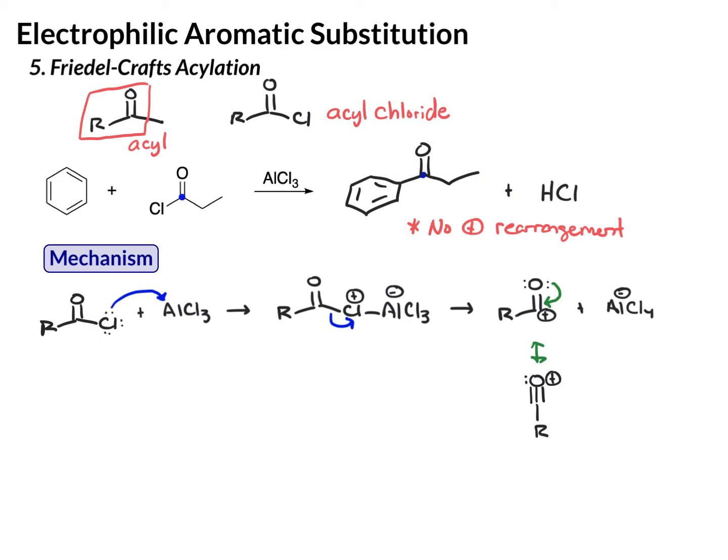So there's the second resonance structure. I should note that even in this first resonance structure, this is a linear molecule. It's not bent here, but I just drew it like that so it matched the starting material. So because of this resonance stabilized carbocation, there's no rearrangement to worry about.